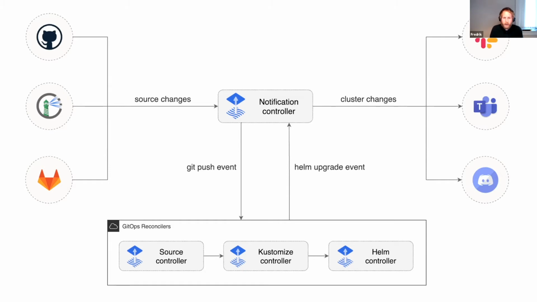And you also have this notification controller that can notify the source controller whenever there are new commits directly, but it's also something that we use to notify different channels in Teams, or you can do Discord or Slack as well.